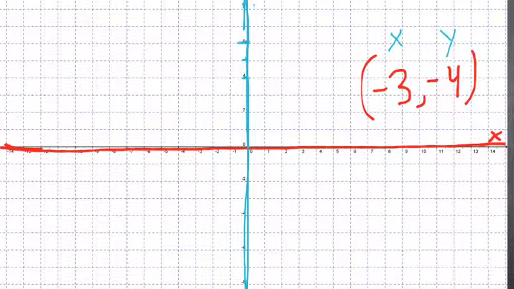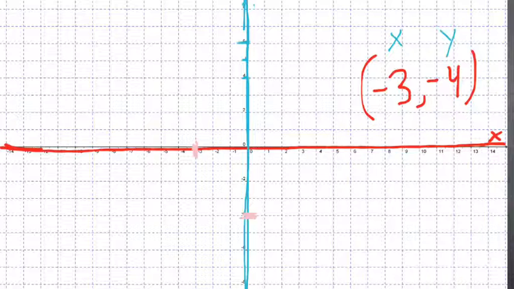So tell me, on the x-axis, where's -3 at? It might be kind of hard to see, but you'll have it right there. That's -3. Tell me, on the y-axis, where is -4? Again, you'll be able to see this on paper because it'll be right there in front of you.